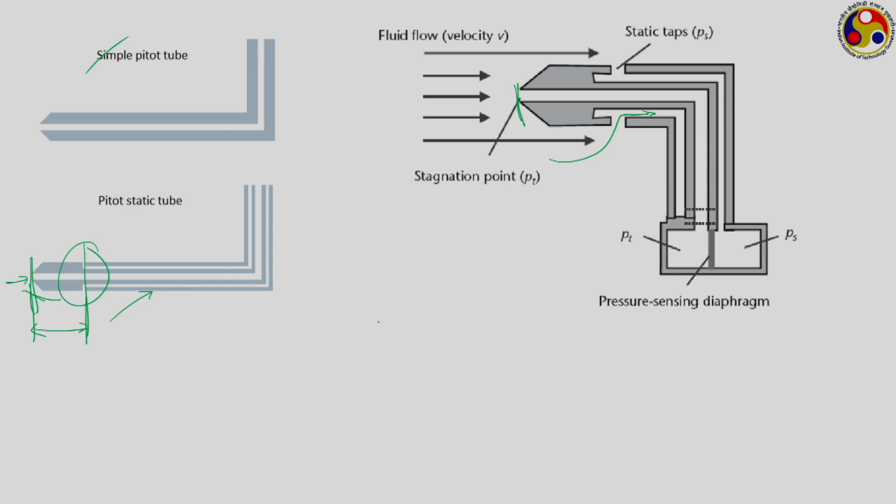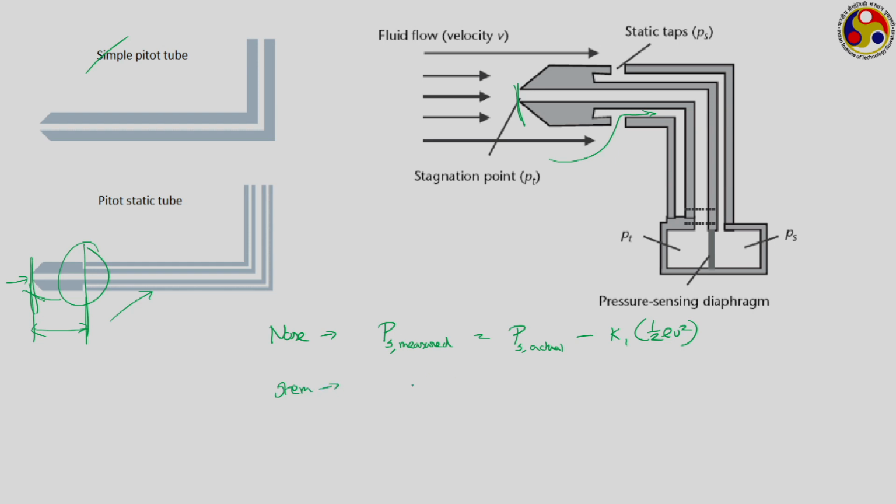Because of the effect of the nose, at the location where we are measuring the static pressure, the measured value will be lower than the actual one, where K1 is the corresponding constant or coefficient.